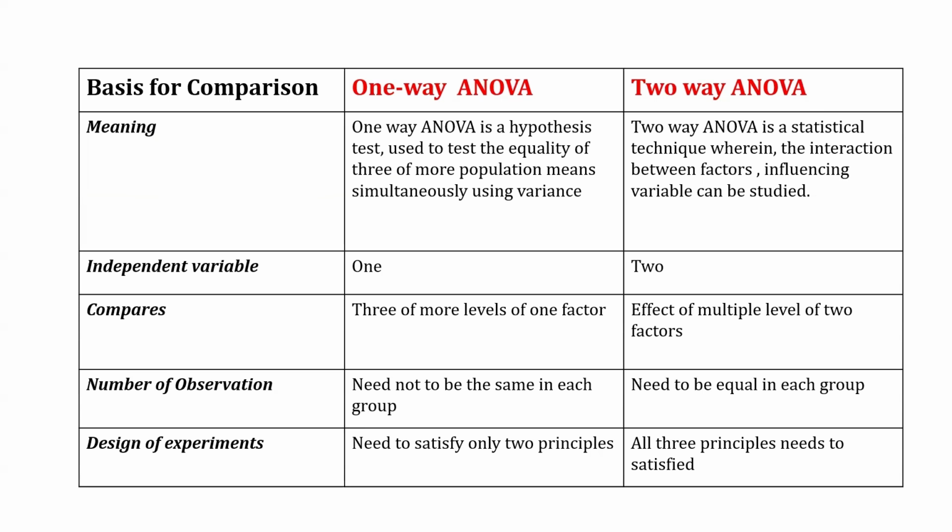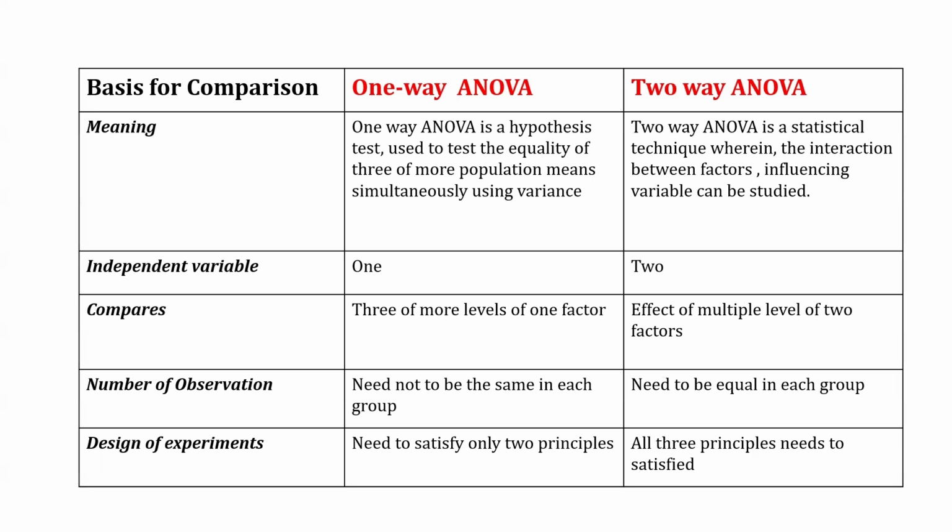In two-way ANOVA is a statistical technique wherein the interaction between factors influencing variable can be studied. Now, about independent variable, in one-way ANOVA, there is only one independent variable. In two-way ANOVA, there are two independent variables.